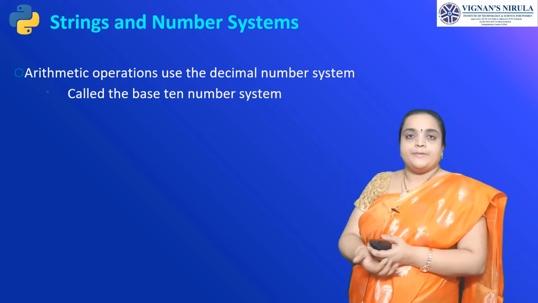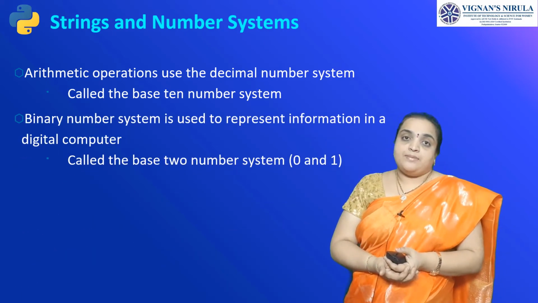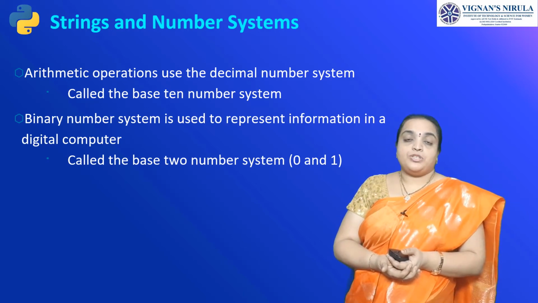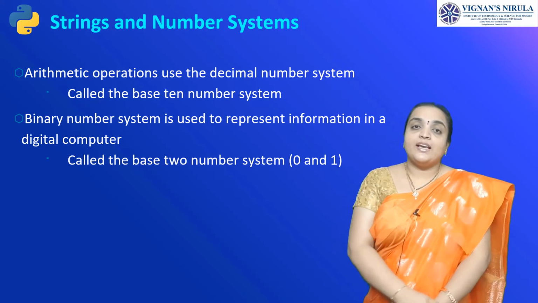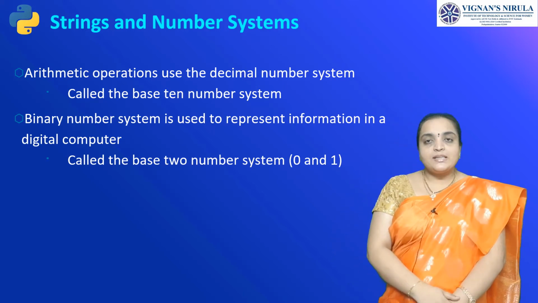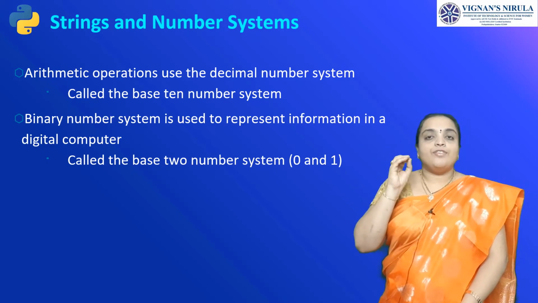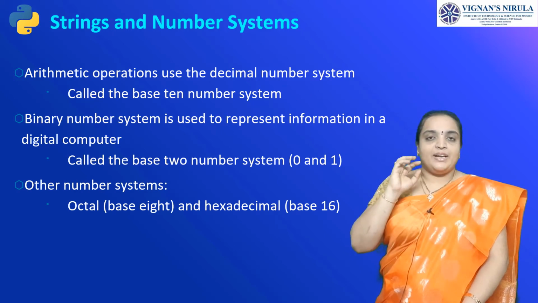Decimal numbers, that means the base 10 number system. Then a binary number is a system used to represent information for the digital computer, isn't it? The computer understandable thing is a binary number, that is either 0 or 1. Only 0 or 1 will be understandable by the computer. So that is a binary number.